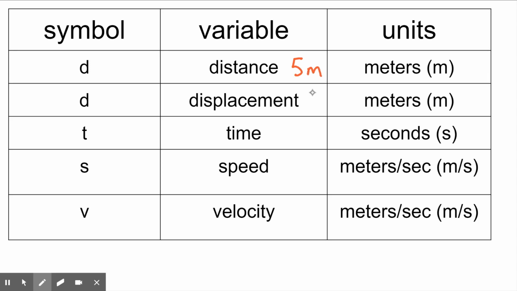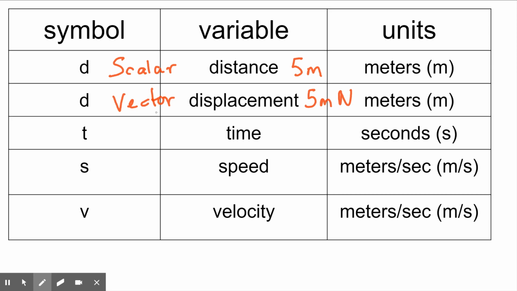A displacement would be 5 meters north, okay? Distance is a scalar quantity and displacement is a vector quantity, okay? Time, there's no direction in time. It's scalar, but we measure time in seconds.